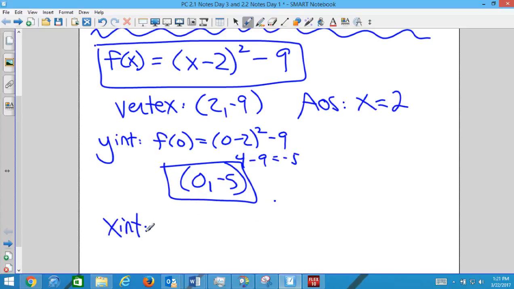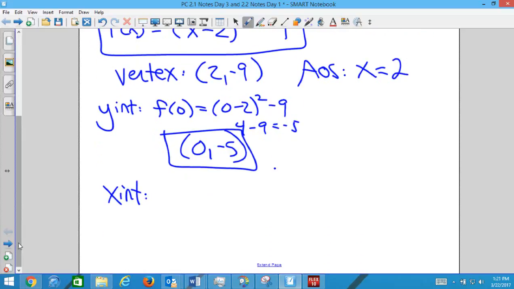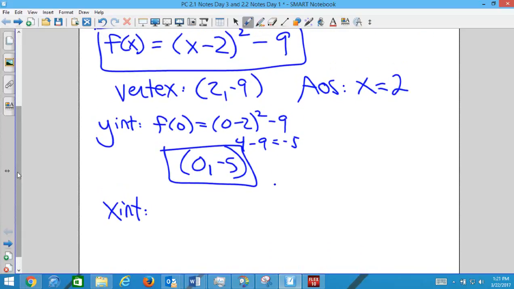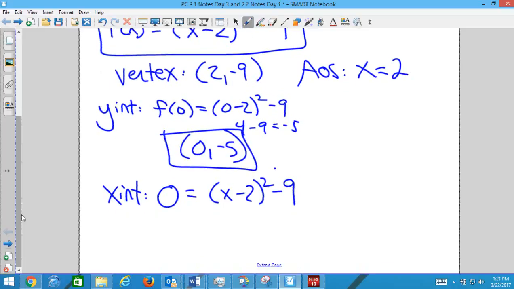And then we're going to practice finding the x-intercepts from vertex form, not the original question. You would do it a different way if you were using the original question, but we're using vertex form. How do you find the x-intercepts? Make y 0. And then when it's in this form, what would I do? Add the 9.